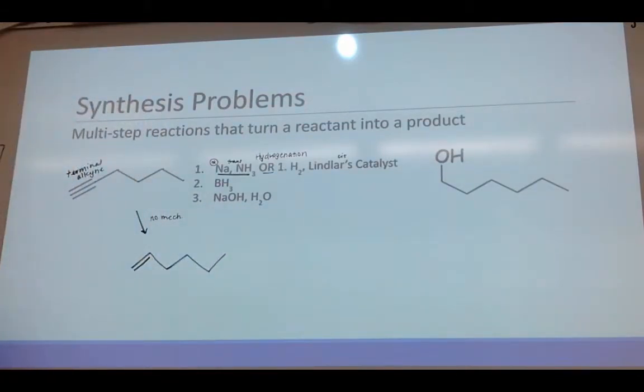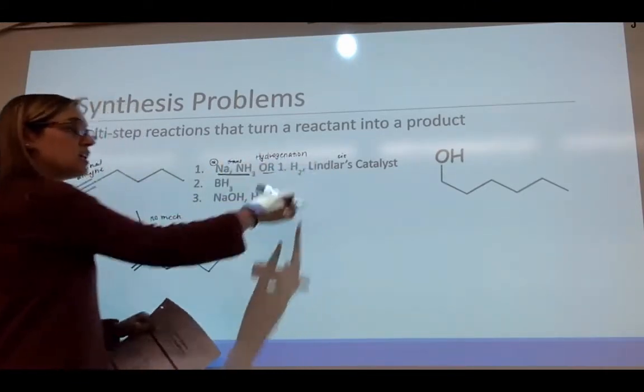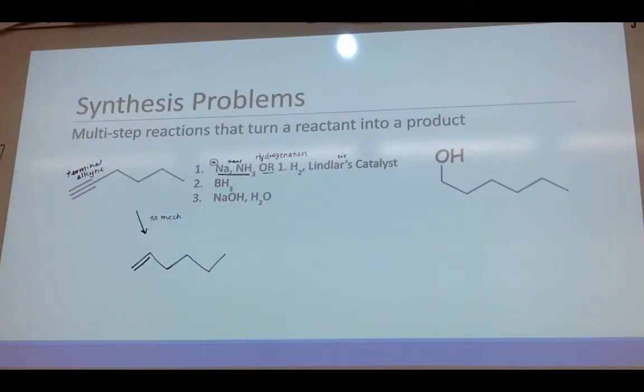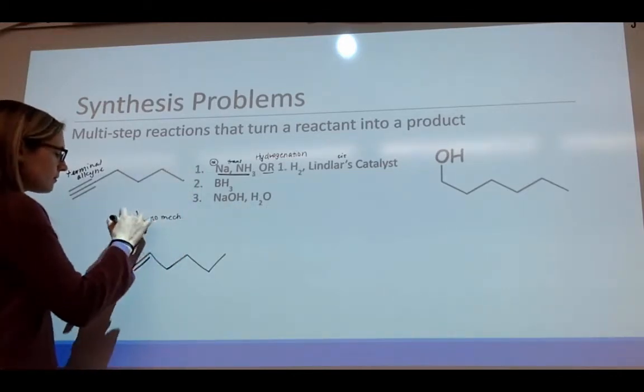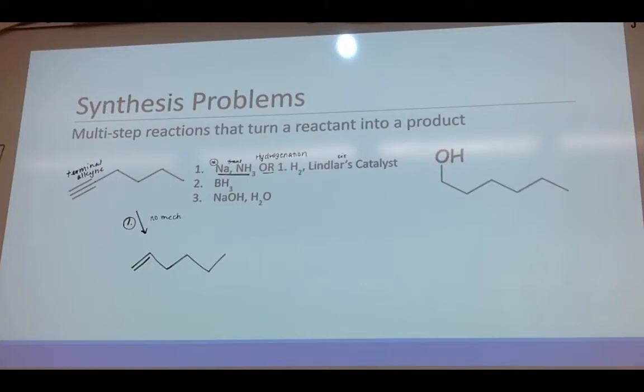All hydrogenation does is it produces an alkene with either of these as reagents. If you have excess H2, that's going to take your alkyne and go directly to an alkane. But when you have one of these 2 sets of reagents, it's going to go to an alkene. So step 1 creates this alkene.